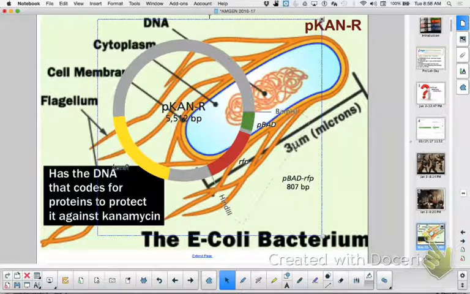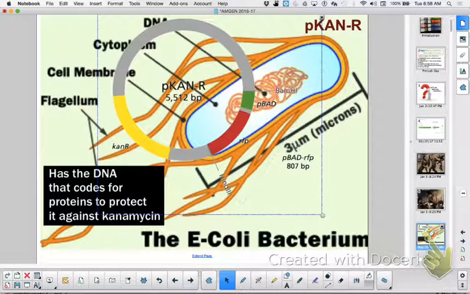Do you see where it says 5512? What do you think that stands for? Base pairs. 5,512 base pairs. So the KAN-R gene right here in yellow is a gene that makes bacteria resistant to the antibiotic kanamycin.